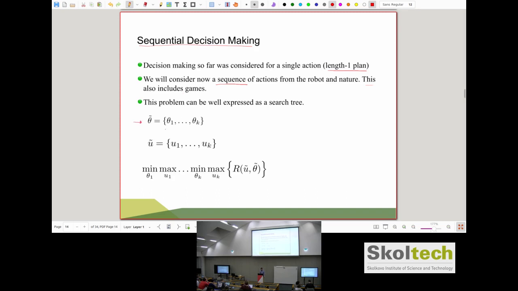Again, more formally, we could be saying that our action space is now a sequence of actions. The same for nature and for the other agents. We have just this sequence of actions. And then if we put everything together, what we have is this kind of long min-max replicated multiple times.